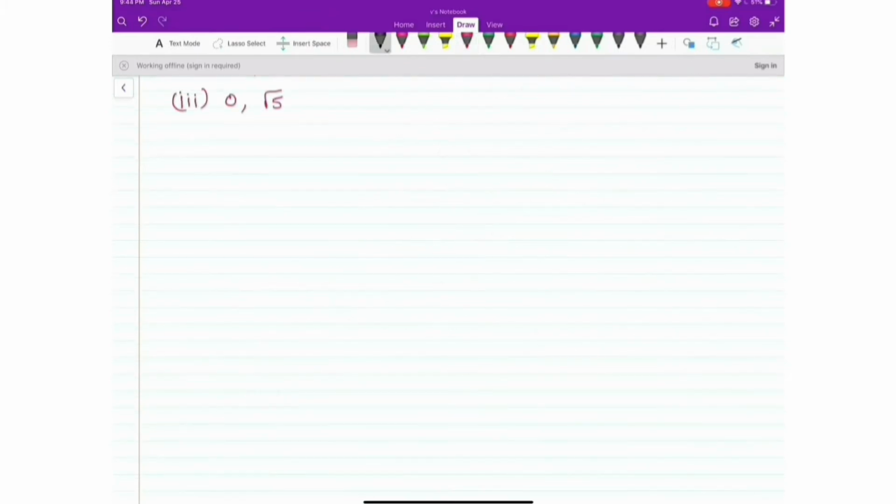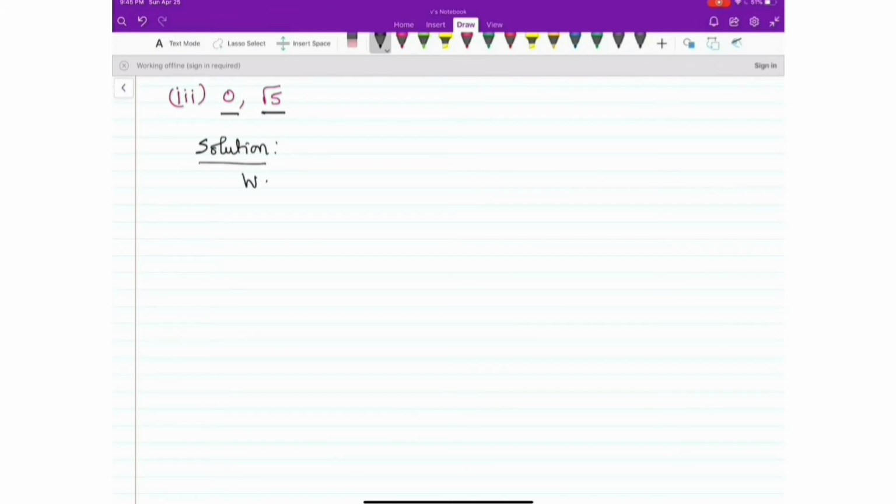Now, the third subdivision. Here, you have been given the sum of the zeros as 0 and product of the zeros as root 5. Let us do it. Solution. First, write the important statement.